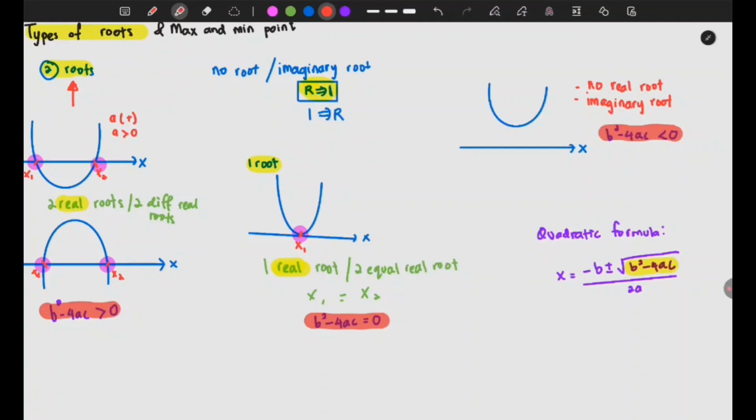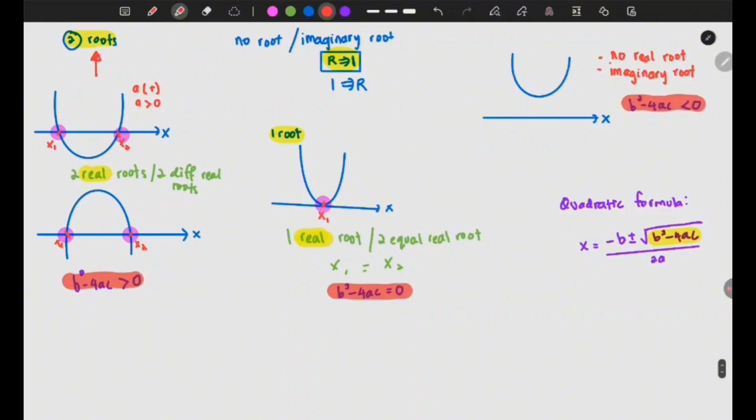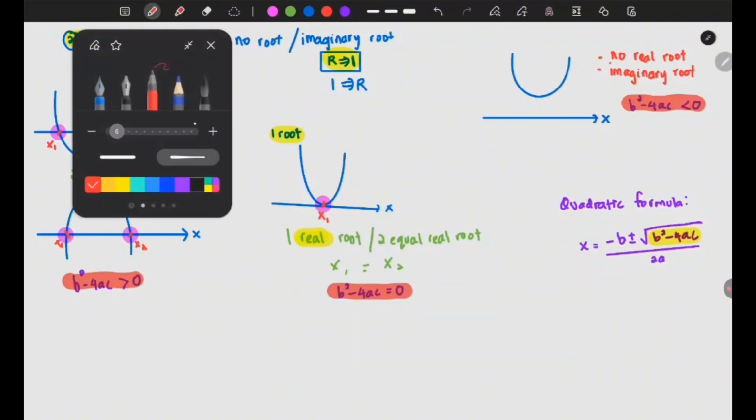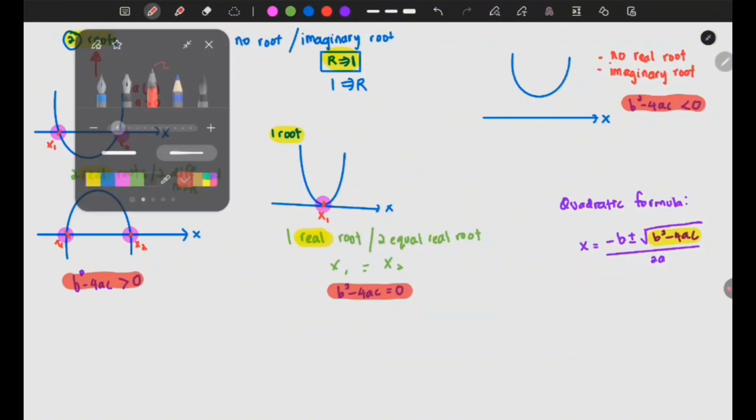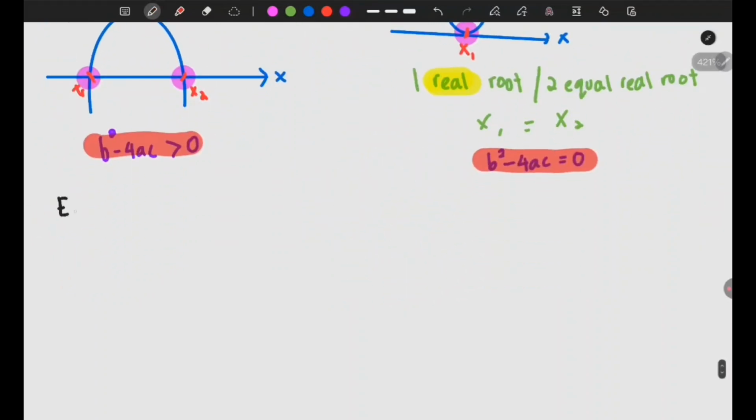So for example, I give you an equation. Let's just say example 1. I give you an equation x squared minus 6x plus 1 equals to k.